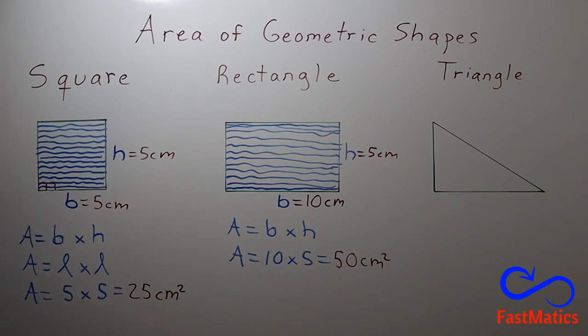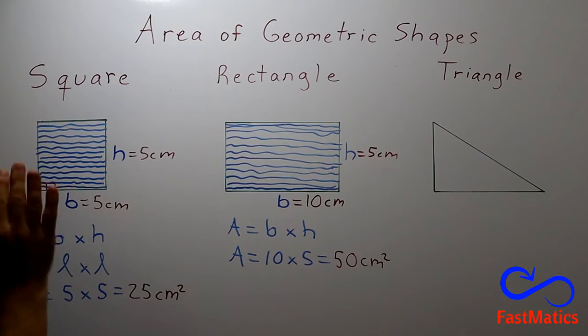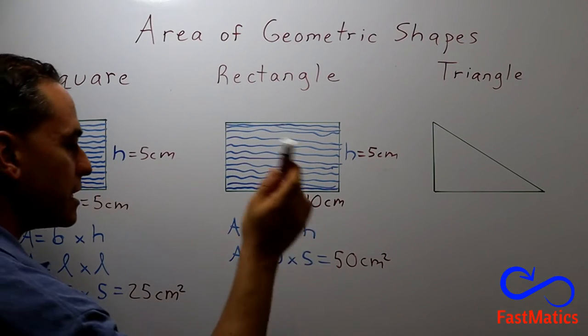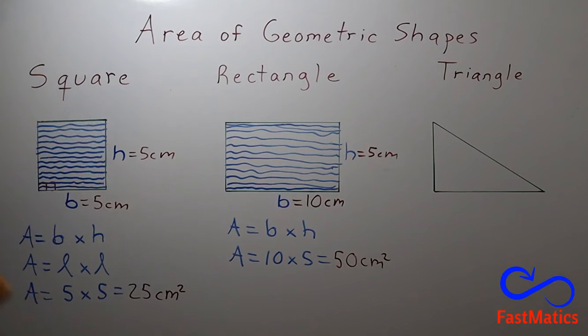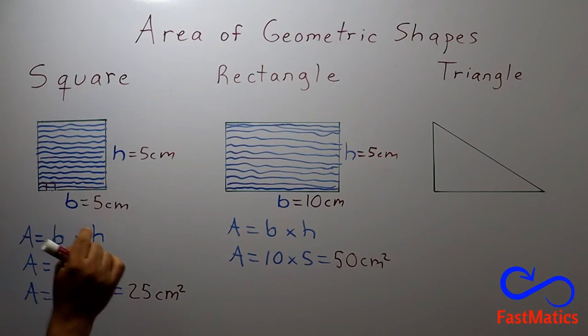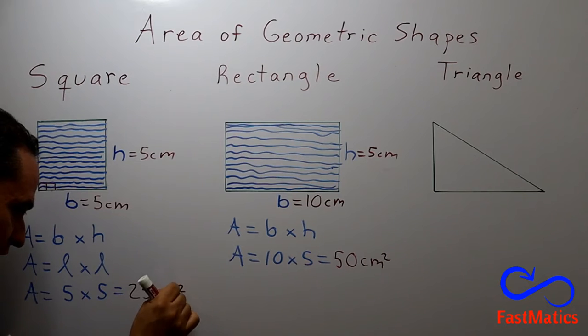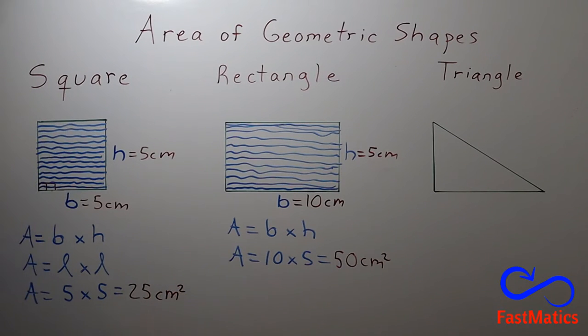Remember, it is very important. For areas, you are always going to write centimeters squared, meters squared, miles squared, inches squared. You cannot forget the little 2 over the symbol.